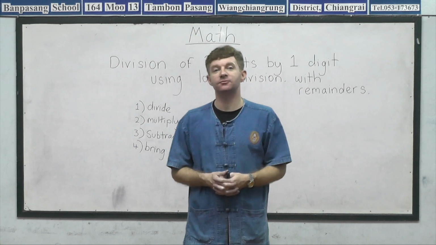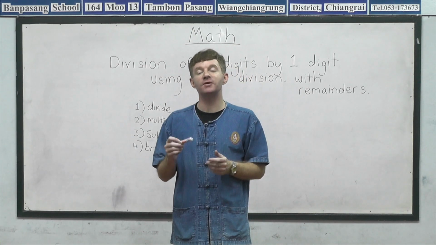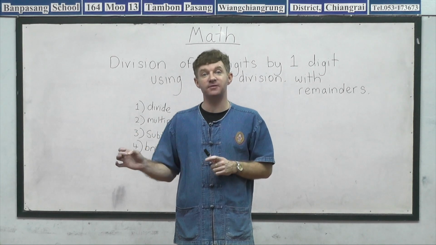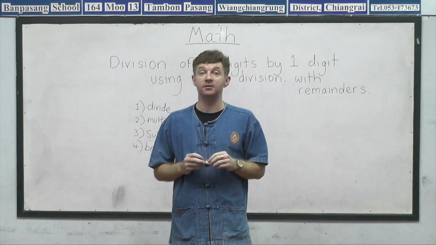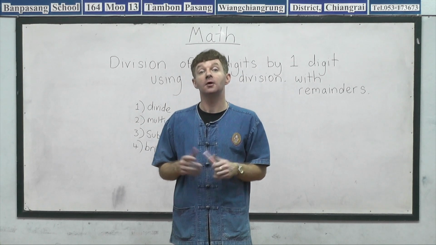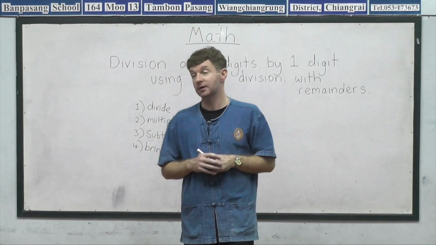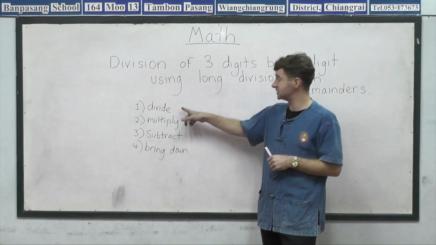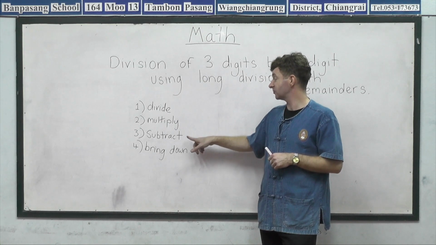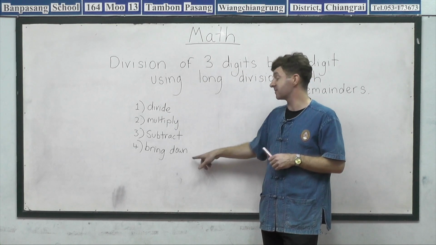Welcome back to class. We hope your students enjoyed the video song about how to work out division of 3 digits by 1 digit with remainders. And I'm going to do a demonstration now using the long division method. So what are our 4 steps again, guys? Divide, multiply, subtract, bring down.